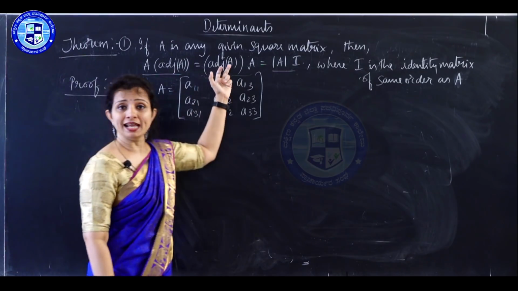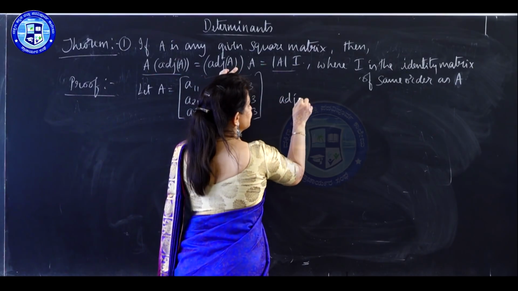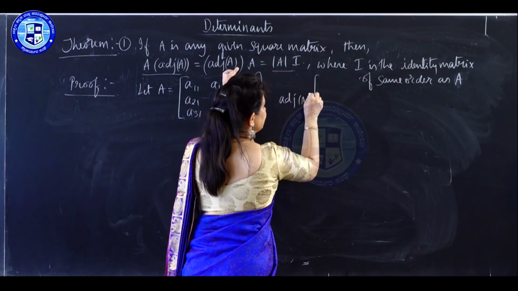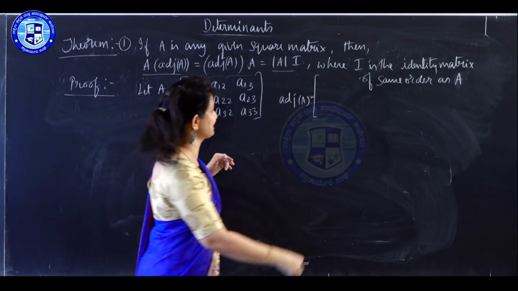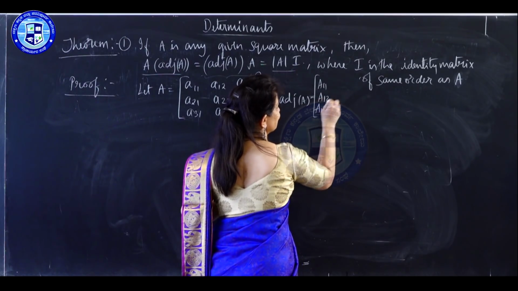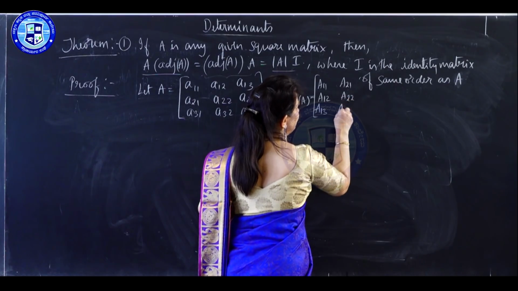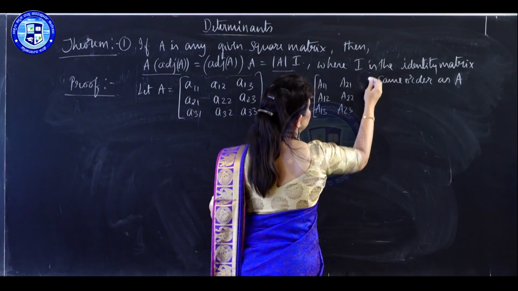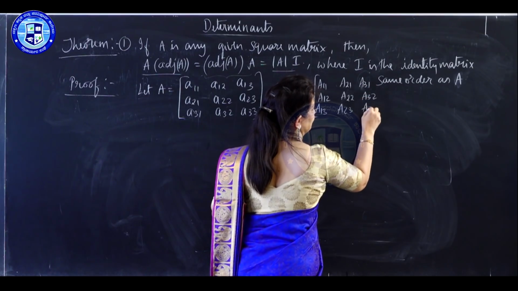Now, how will you represent adjoint A? This time we have learned adjoint A is a matrix, the transpose of the cofactor matrix. So, we represent it like this: A11, A12, A13, A21, A22, A23, A31, A32, A33, where each entry is a cofactor.